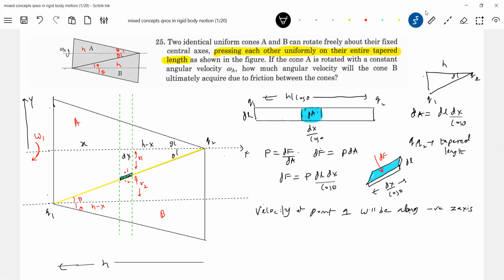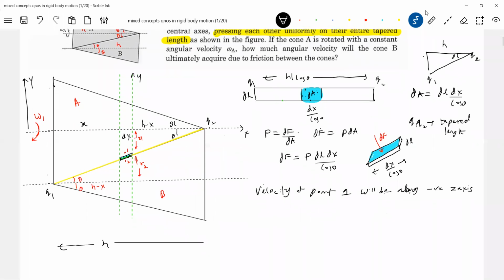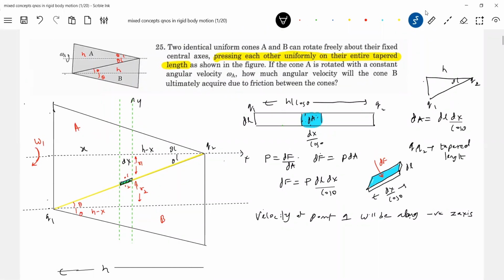If you want, you can bring this as y. Okay, it will be along the negative z axis. Then how will the friction on that point 1 act? Friction at point 1 will act along the positive z axis.